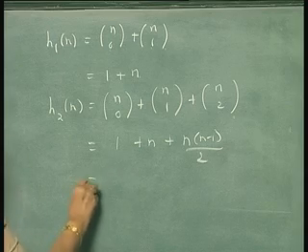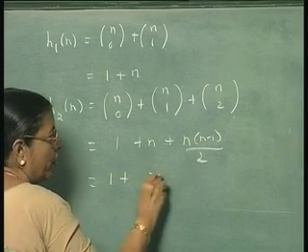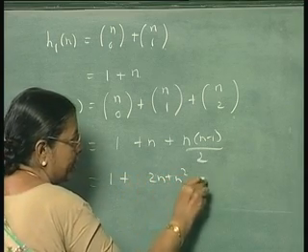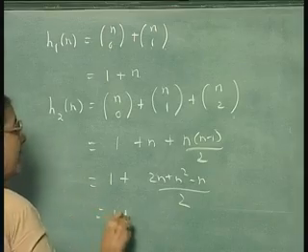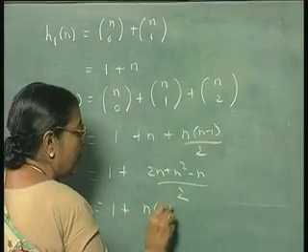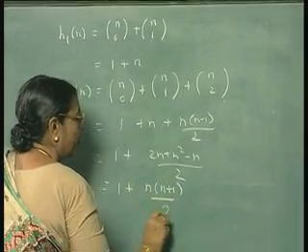If you simplify this, 1 plus (2n plus n squared minus n)/2, that will be 1 plus n(n plus 1)/2.